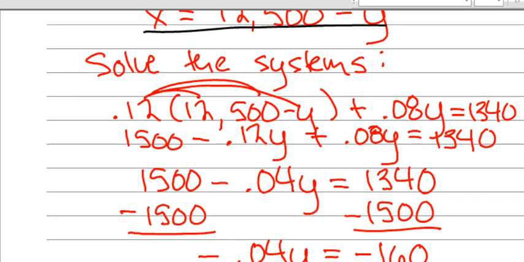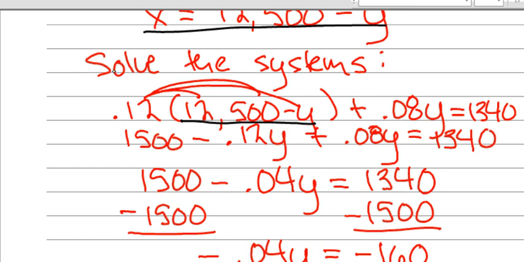So I'm ready to solve the systems. I'm going to take out X, which is sitting next to the 0.12, and I'm going to put in 12,500 minus Y. I'm going to sub that in to the second equation. So I am going to distribute.